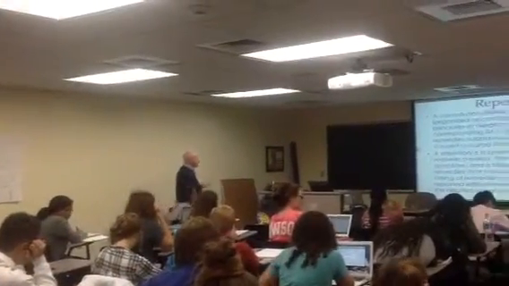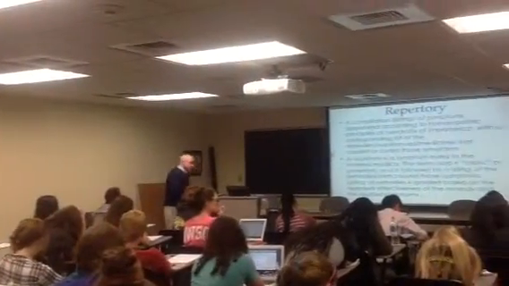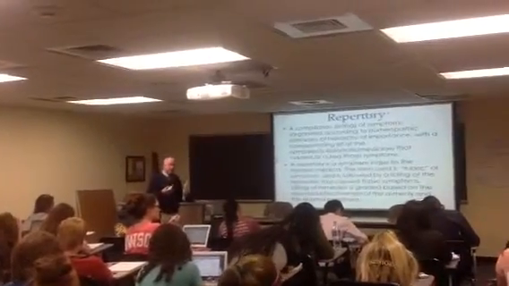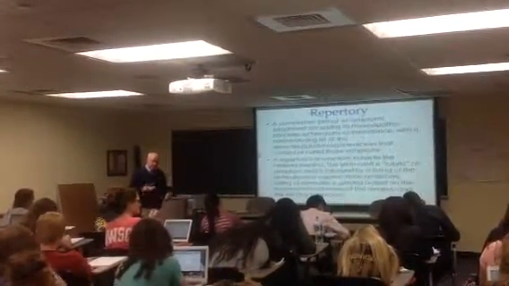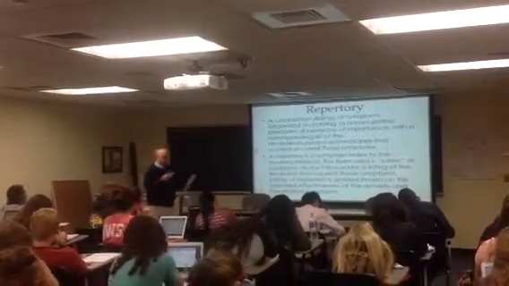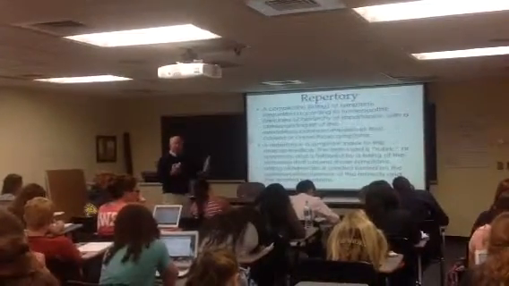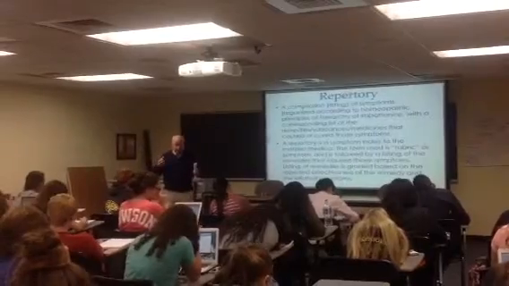But the repertory is a listing of all the symptoms that people experienced or described or felt when they were doing their proving. So you have a normal healthy person, and these things are going on right now throughout the world.